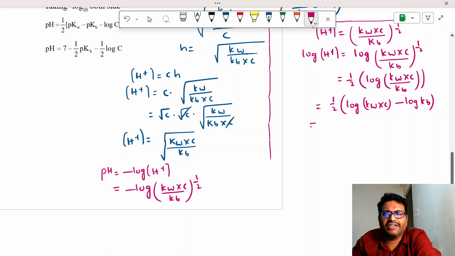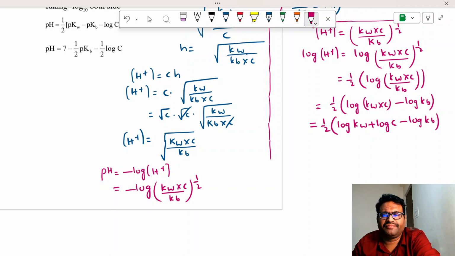Then what I can write? I can write it as half into log Kw plus log C minus log Kb. Okay, what is all this? Log H plus ion concentration. Now I am multiplying minus on both sides.